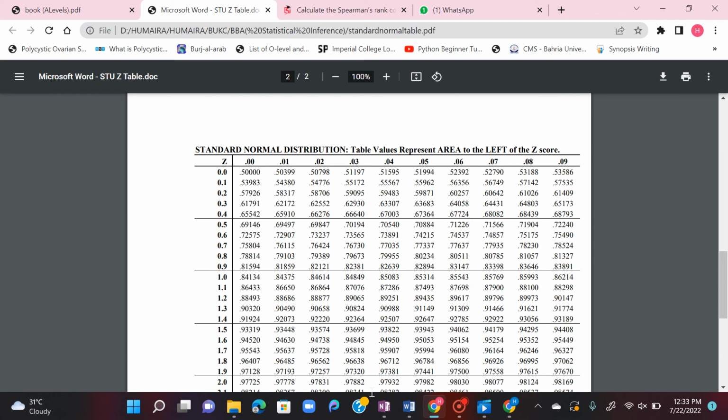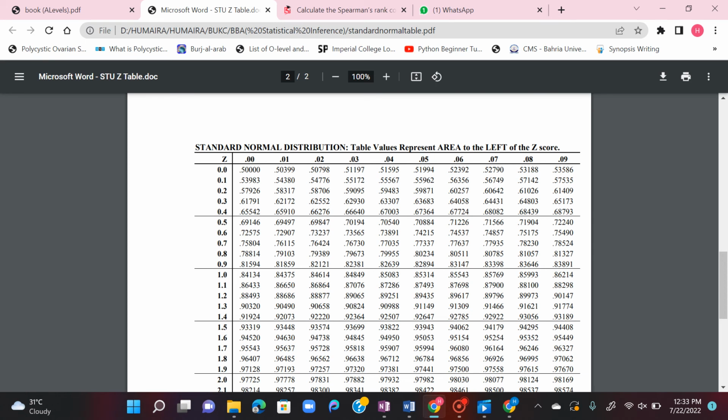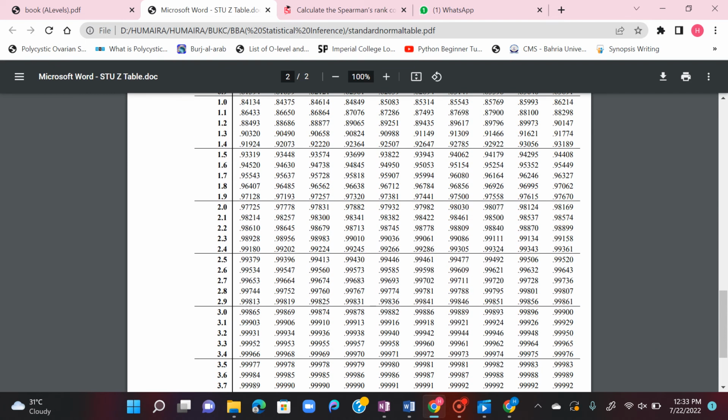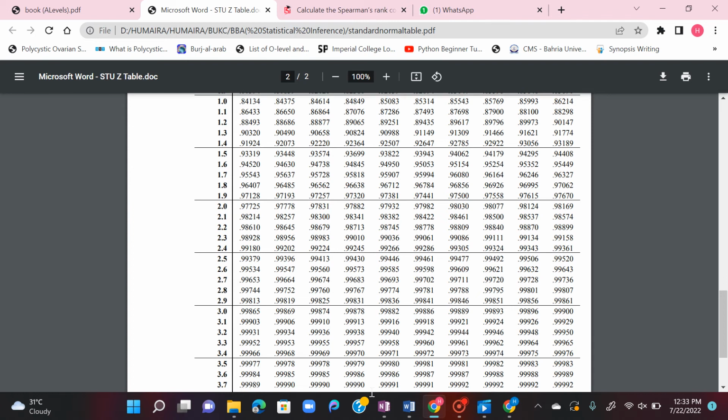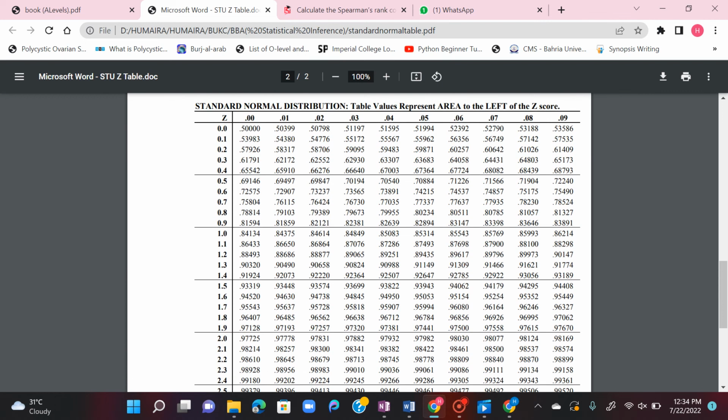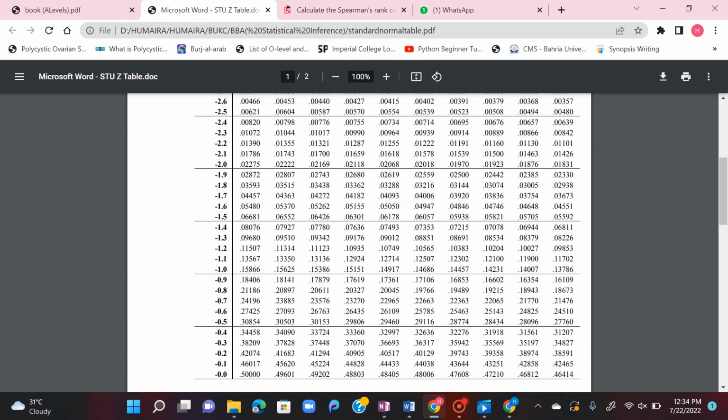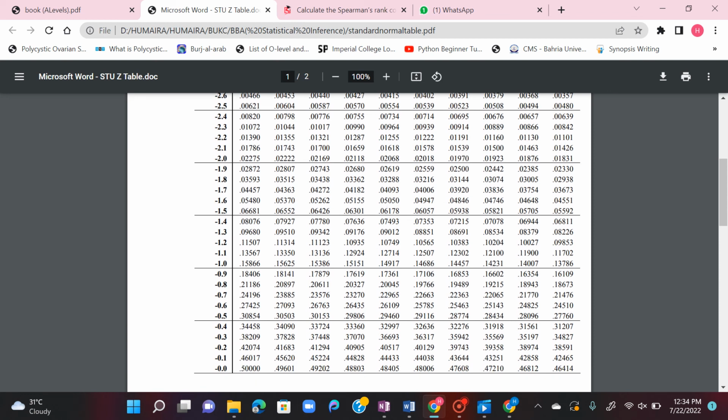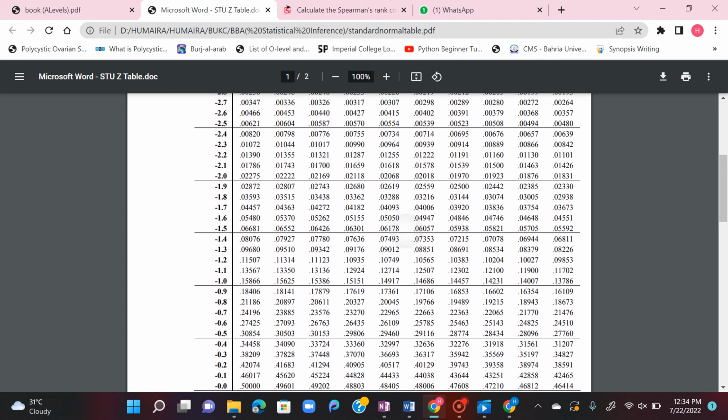For 0.3085, I need to scroll. This is the area, the inner part of the table is the area, and this is the z value. I need to pick the z value for 0.3085. So I will check where is 0.3085, or find the value which is very near to 0.3085.